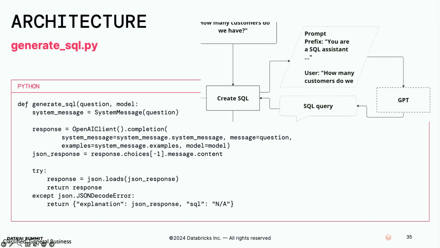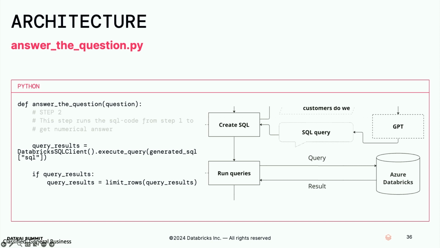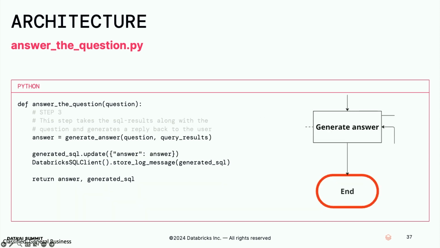We get the SQL query back as a response, and hop into the next step where we give both the question that the user asked and the SQL query with the result back into another instance of GPT to then generate the answer.